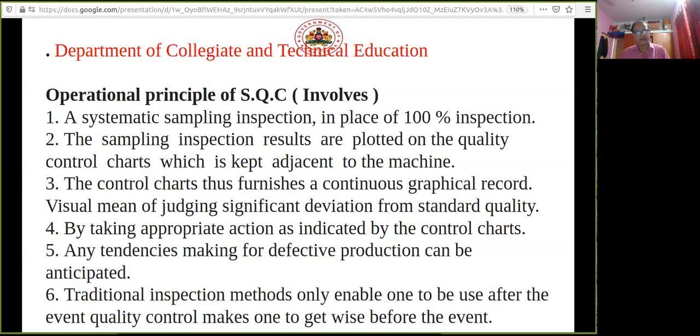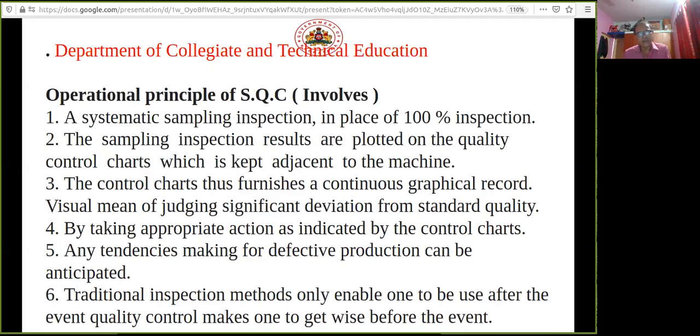And the fourth point says that we take appropriate actions as indicated by the control chart. So we need to take control actions. As soon as the process goes wrong, we need to take action. As soon as we take the actions, the process will be under control. Naturally, we are going to get quality products. The fifth point says that any tendencies making for defective production can be anticipated.